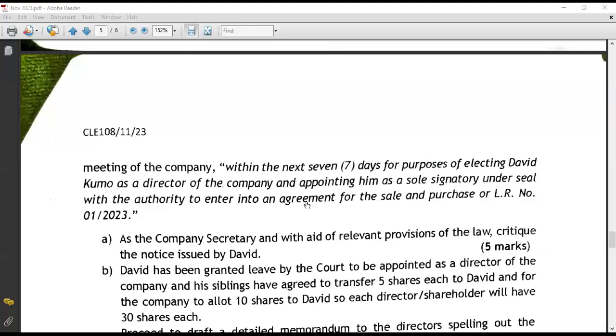That doesn't have the time. That one doesn't have the time. 281(1). Yes, in convening a general meeting, a private company shall give 21 days notice. And he has given how many days? 7 days.